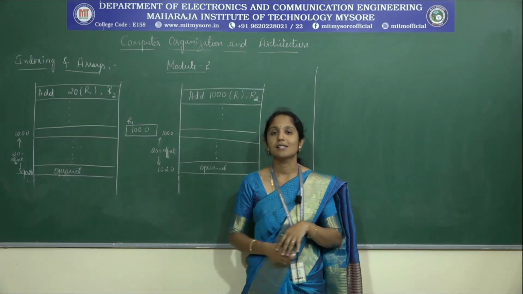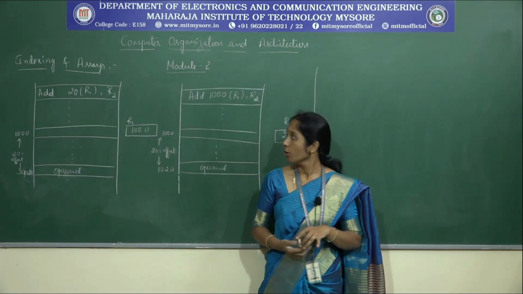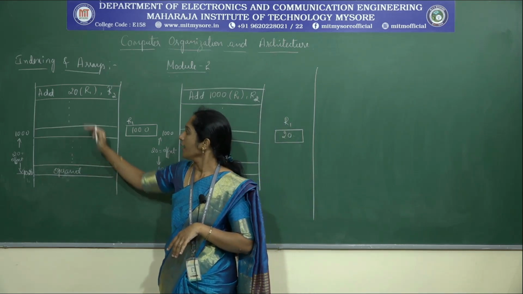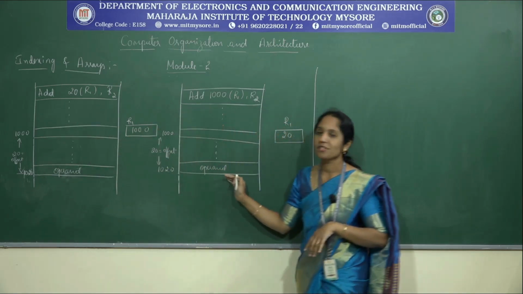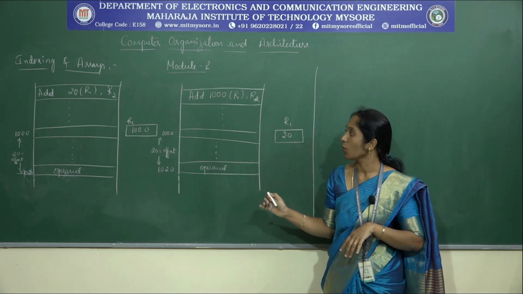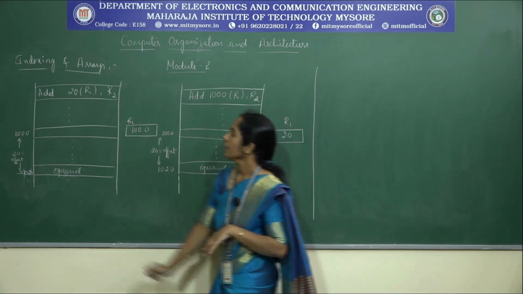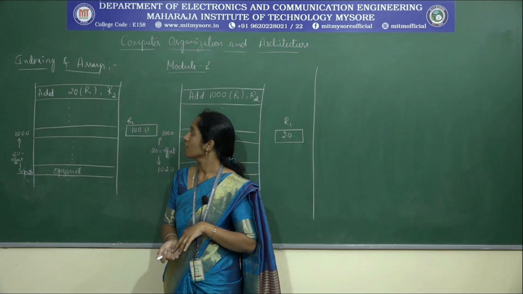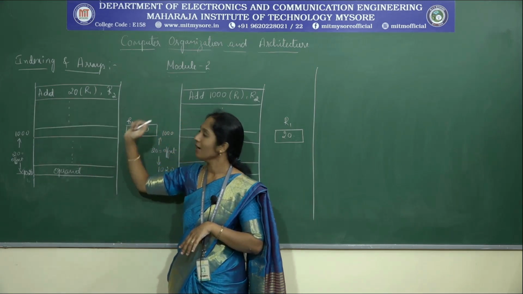So next is indexing and arrays. Here we are going to make use of index addressing mode, and I have written 2 ways of using it. In the first, you can observe I have written add 20 of R1 comma R2.